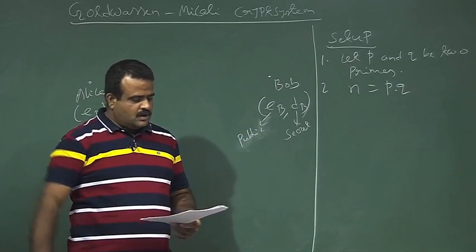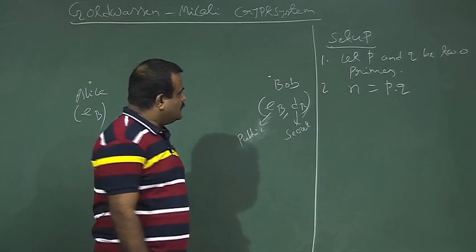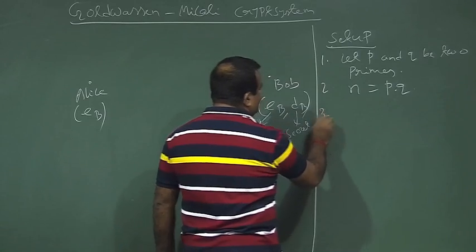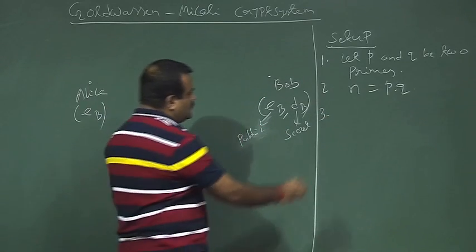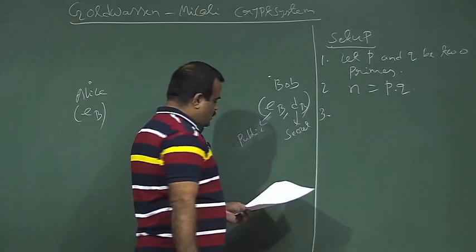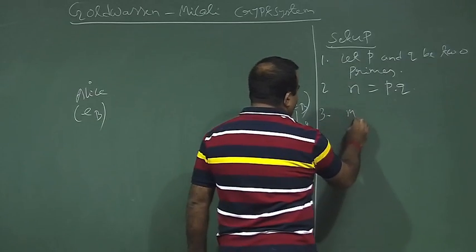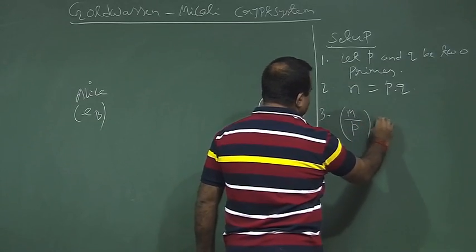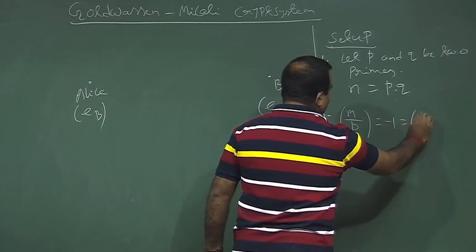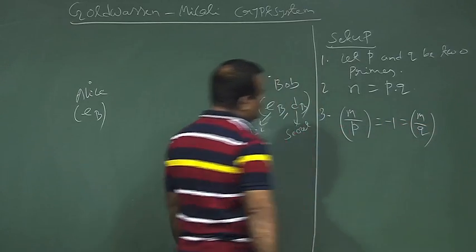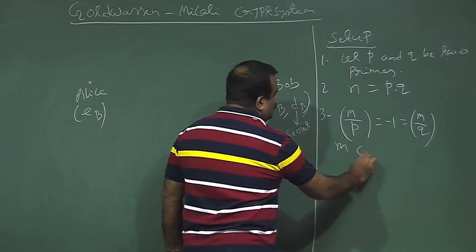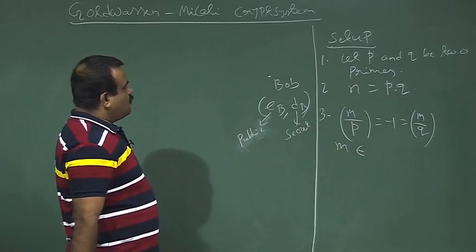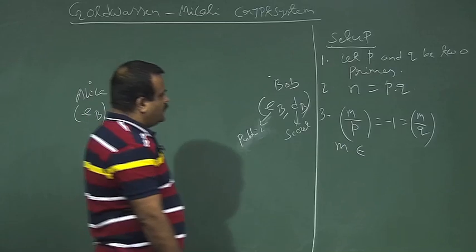Then Bob is choosing an m such that (m/p) = -1 = (m/q). That means m is a non-quadratic residue mod p and also a non-quadratic residue mod q.